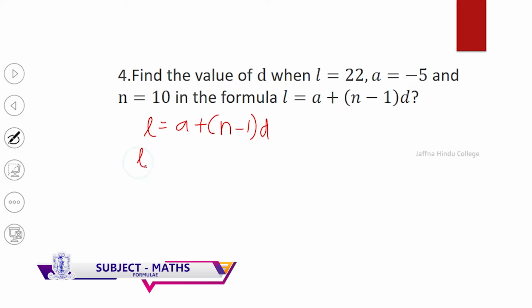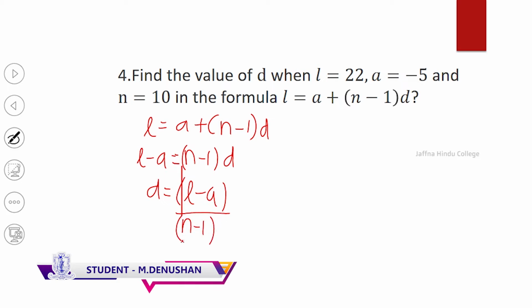First we have to subtract a from both sides, and then we obtain n minus 1 into d as a subject. To make d the subject, we have to divide by n minus 1 on both sides. By simplifying, we obtain that d is equal to L minus a over n minus 1.